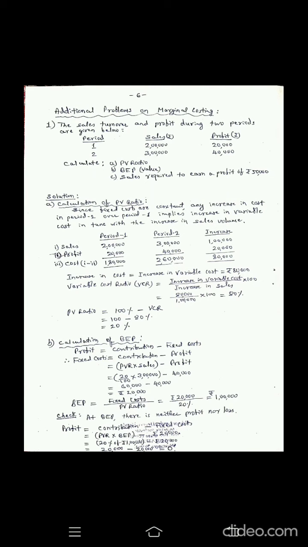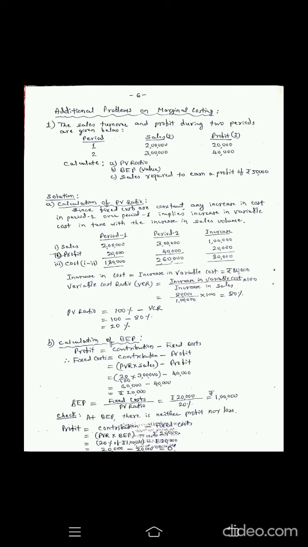Here, by comparing the sales of period 2 with that of period 1, we can find out the increase in sales. Similarly, increase in profit is calculated in the following table.